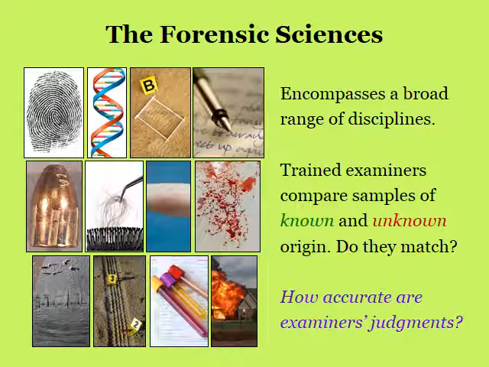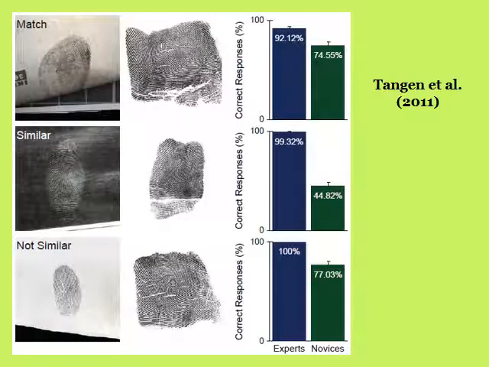If we give them 2 fingerprints, can they tell us whether or not they come from the same person with any degree of accuracy? Thankfully, the answer to that question, at least with respect to fingerprints, appears to be yes. So this graphic comes from one study that looked at fingerprint experts' ability to match fingerprints compared to untrained novices.